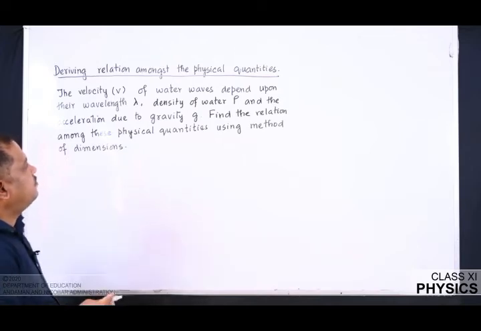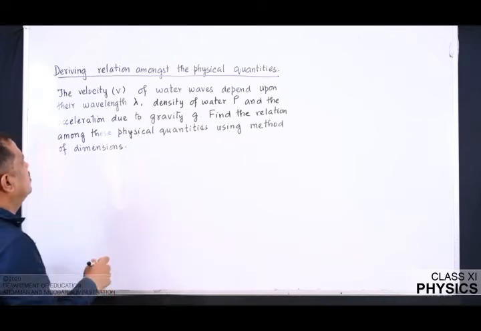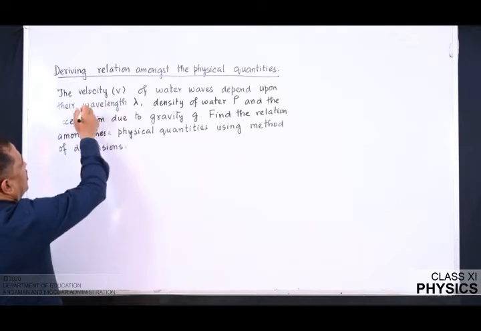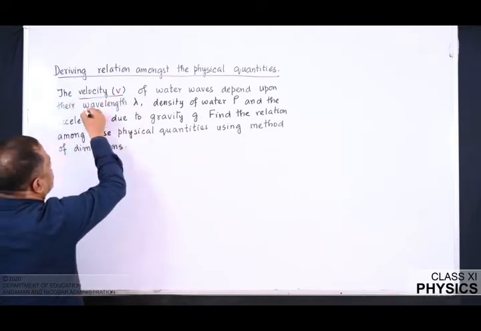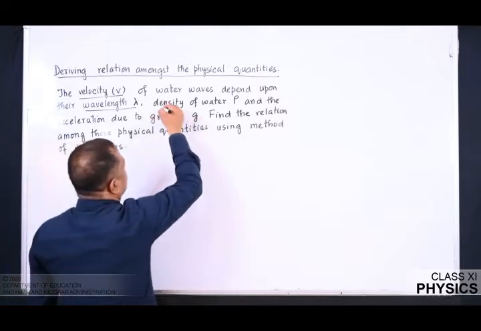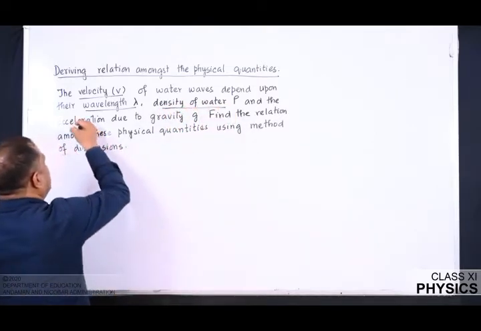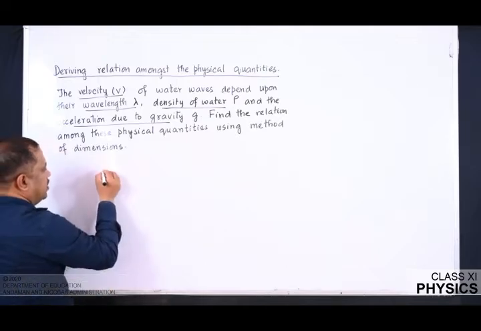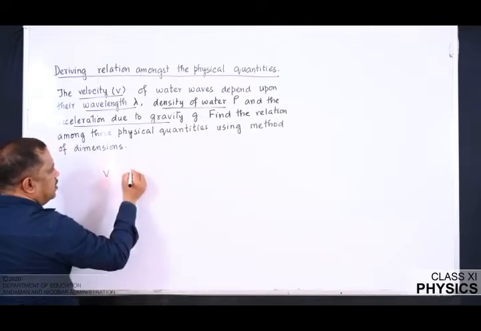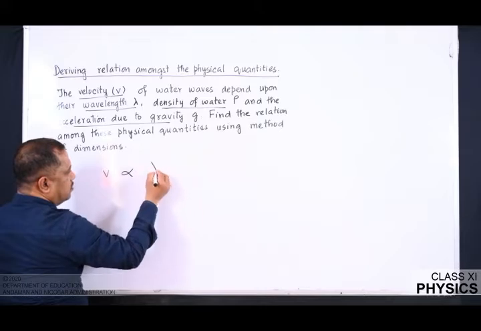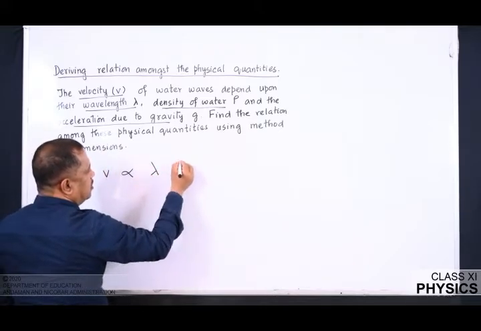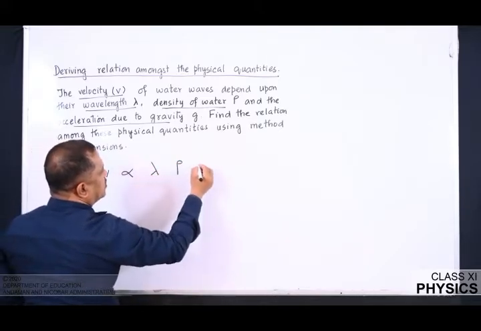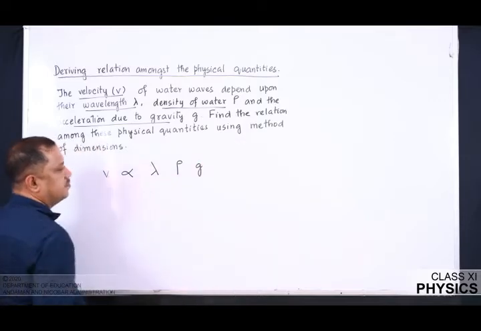So, the very first step is this: we have learned through this problem that the velocity depends upon the wavelength, the density of water, and the acceleration due to gravity. So I write that velocity depends upon wavelength, density, and acceleration due to gravity.